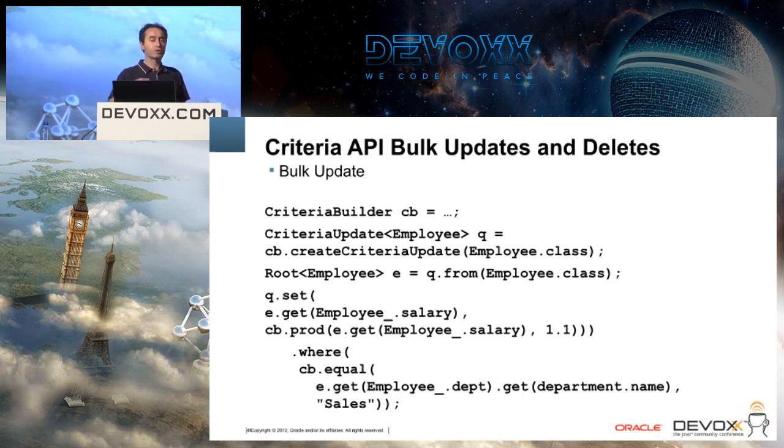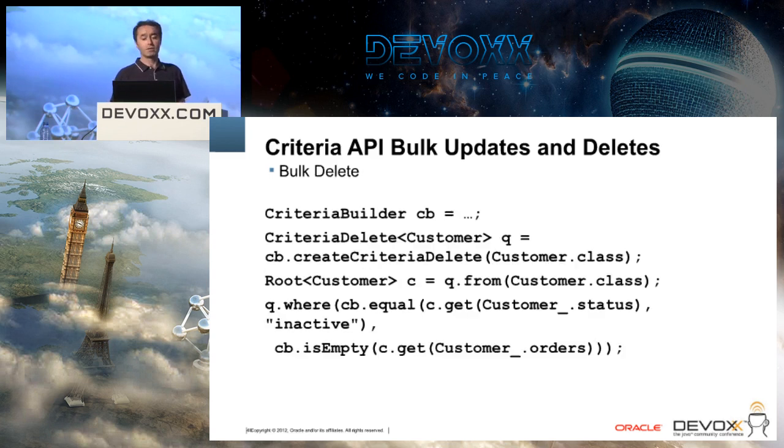Right? So we're going to just go ahead and apply that change to all of them. So it's really much the same as what we had before in the JPQL, or similar to that, but with criteria API support now. And the same is true with delete. So we can go and do a create criteria delete, get a criteria delete object, and then do the same thing, right? Bulk apply. So this is good.